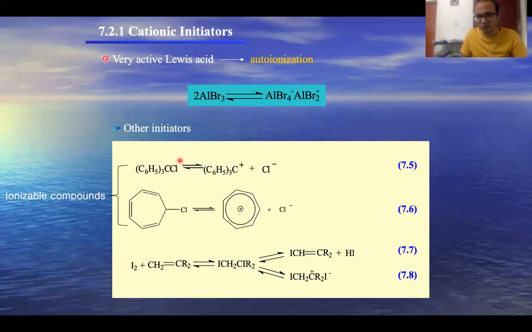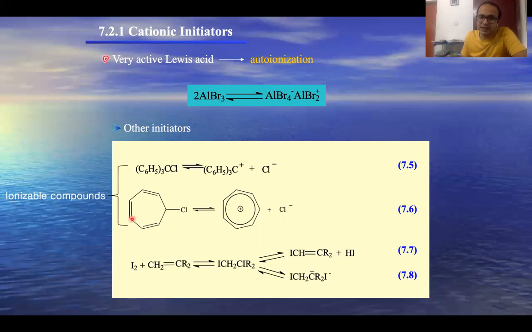Now, another type of initiator involves, as you can see, triphenyl methane chloride. These auto ionize, because this cation is highly stable, as we know, because it is surrounded by three phenyl groups which are able to resonance stabilize the carbocation very well. So when you have this chloride, it will auto-ionize to generate this triphenyl carbocation, which can act as an initiator.